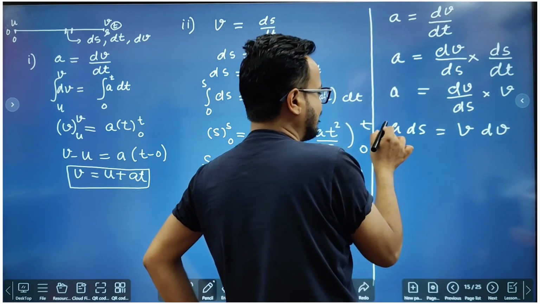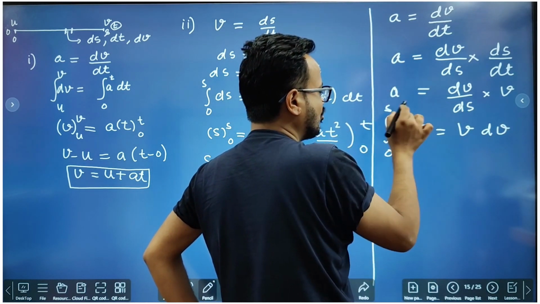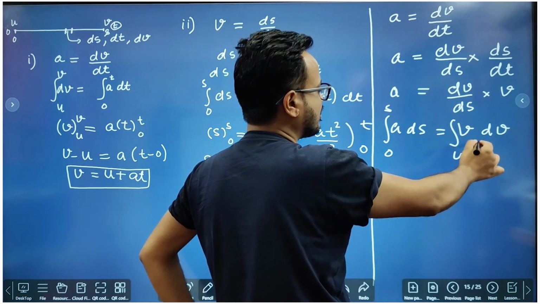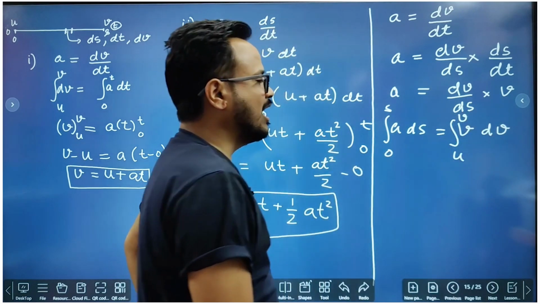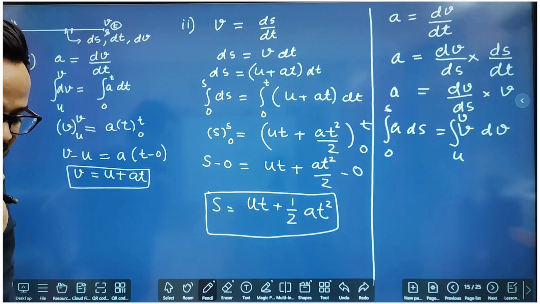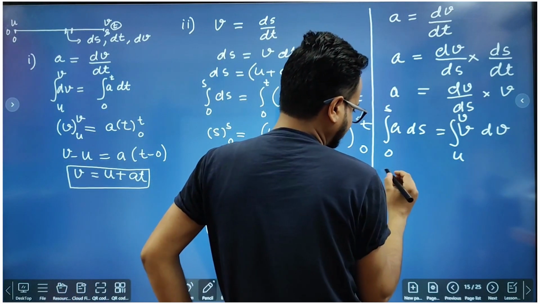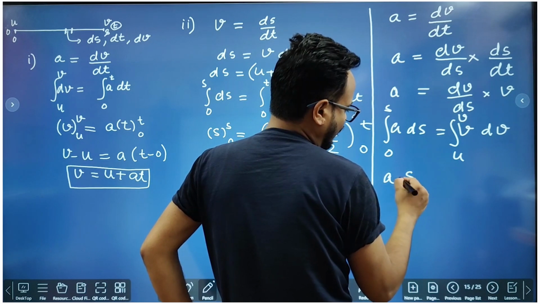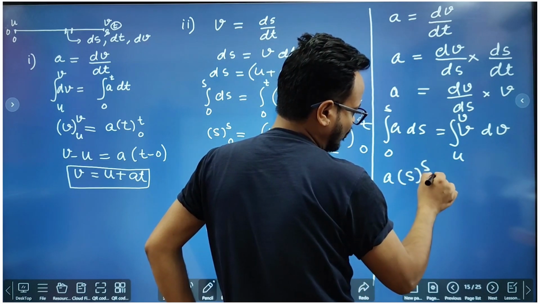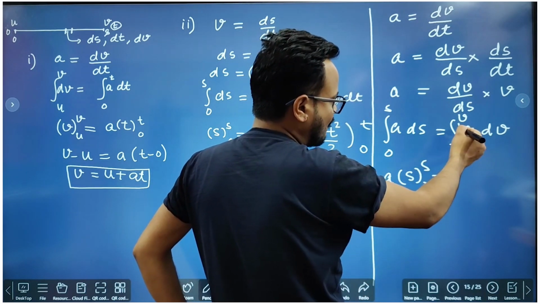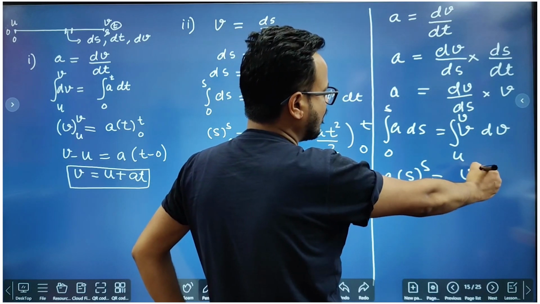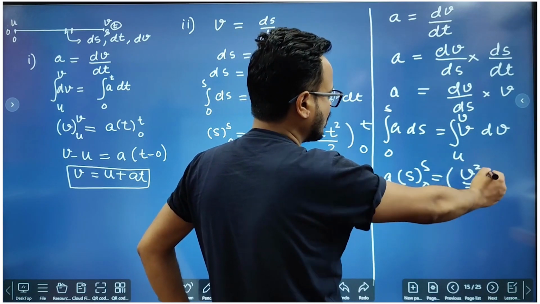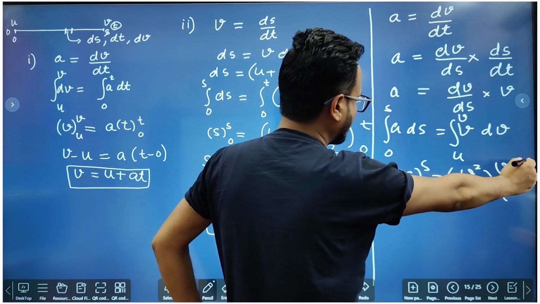Now let's put the limits of displacement 0 to s by integrating both sides, and limits of velocity as u to v. A is constant. Integral of ds is s, limit 0 to s. Integral of v is v square by 2, u to v.